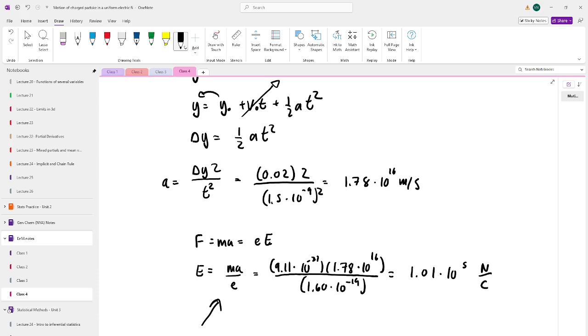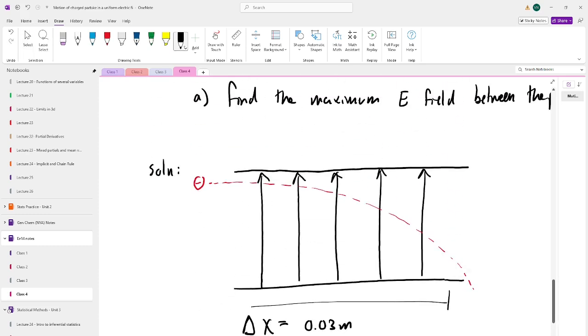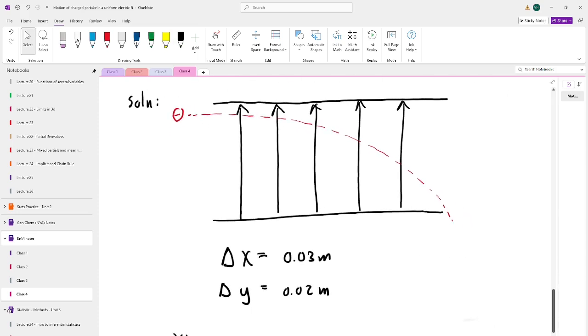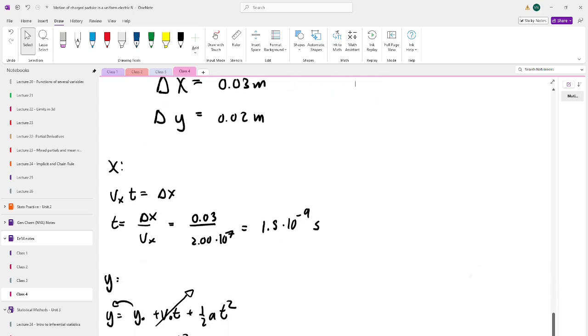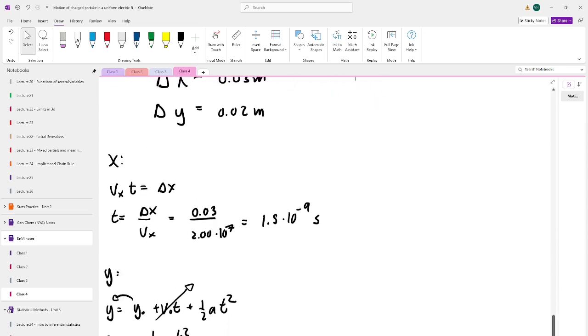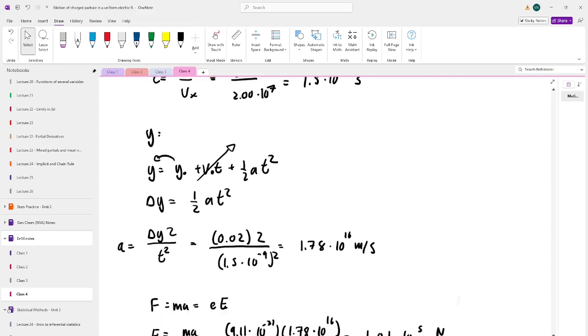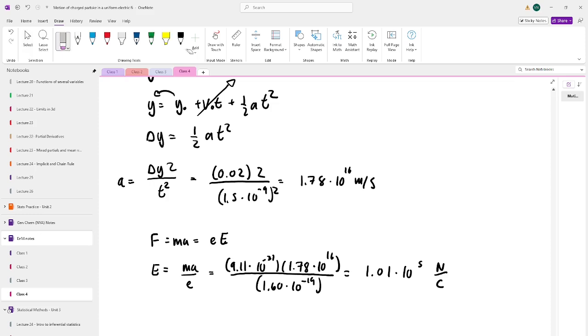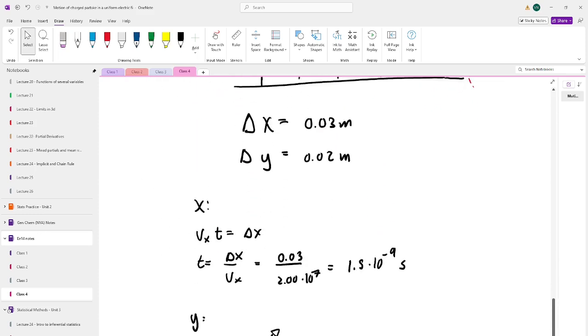But because we knew how long it took us to get to the end of the field, so after we had traveled the length and the height of the plate, we knew how long that took, we knew where we were, so that point was convenient to use. So that's why we used that point. We were able to calculate how long it took us to get there, and then from that, we were able to find the acceleration, and then of course we could plug that in to our equation at the bottom and solve it for the electric field.